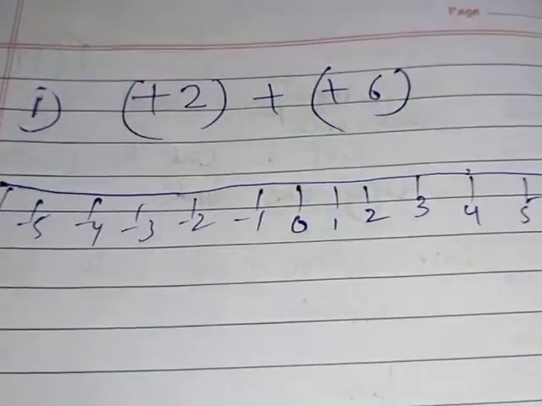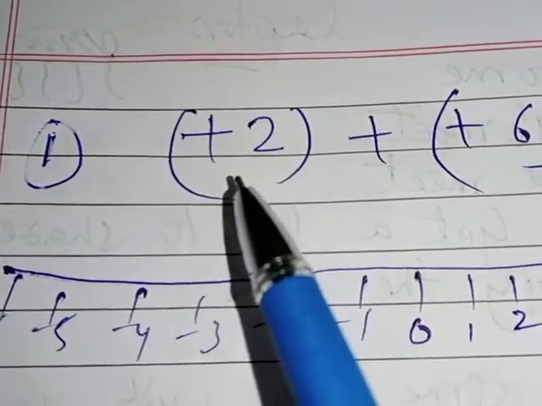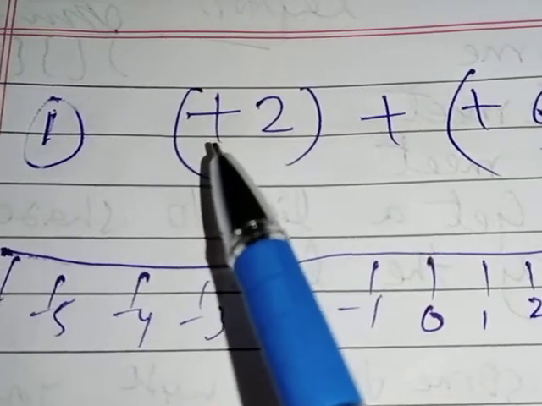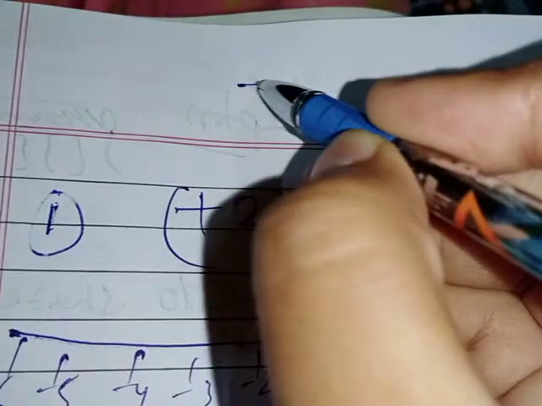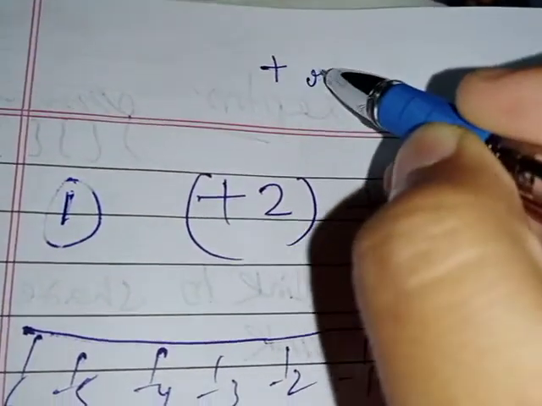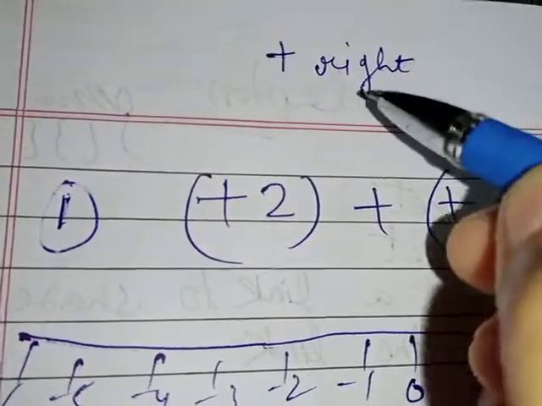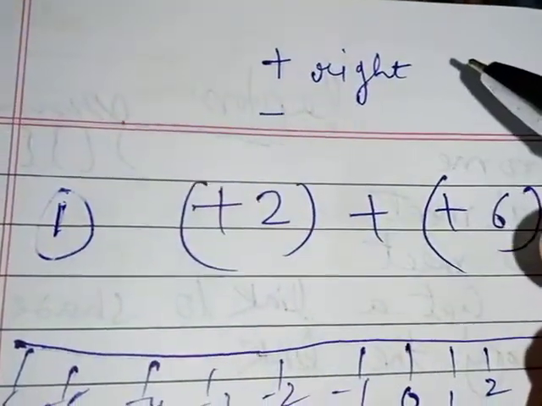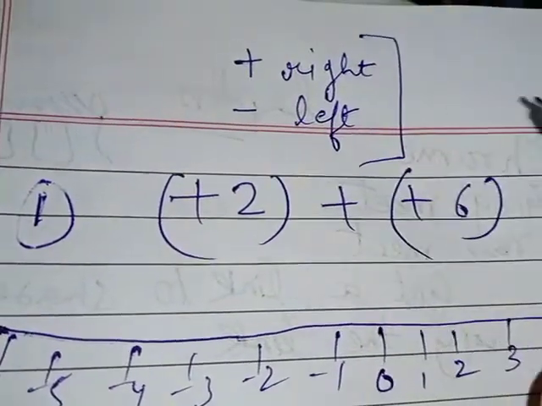Okay, you see, first of all, when we have the first integer as positive, keep in mind that when we have a positive integer, we will move towards the right from 0, and when we have a negative integer, we will move left from 0. This thing you keep in mind.